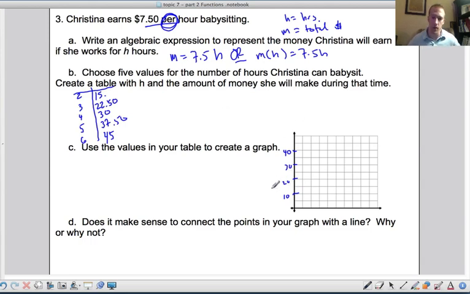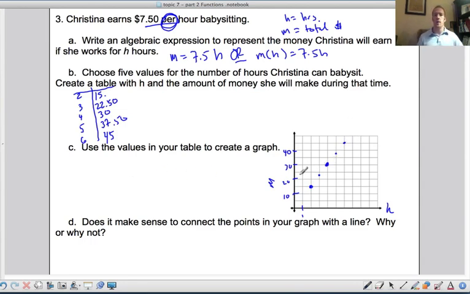So this is going to be our m-axis, and this is going to be our h-axis. And these can just count as 1. So 2, 15, 3, 22.50, which is there, 4, 30, 5, 37.50, and 6, 45.